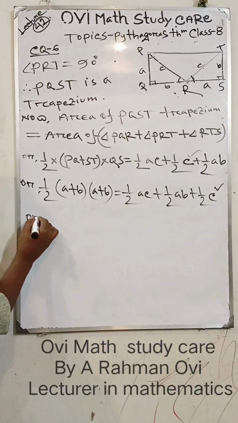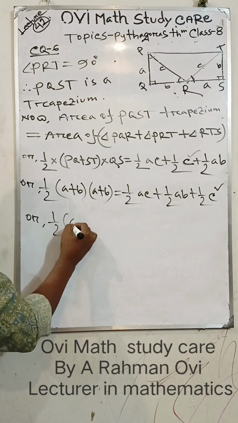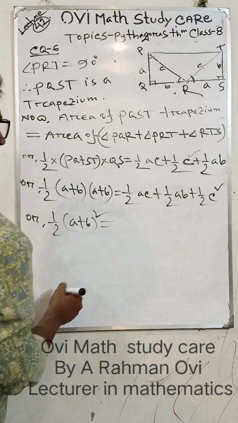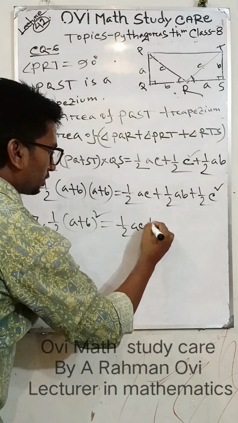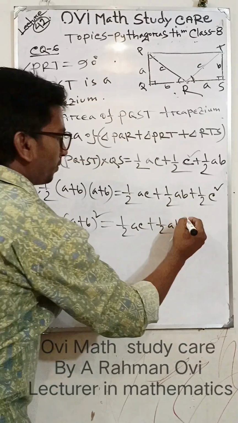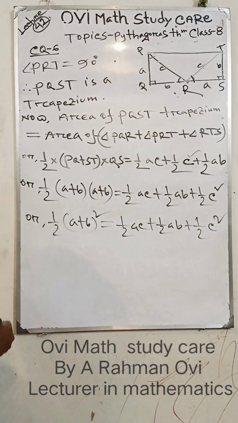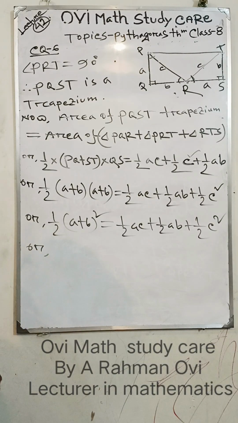So we can write half of (A plus B) whole square equals half of AC plus half of AB plus half of C square.